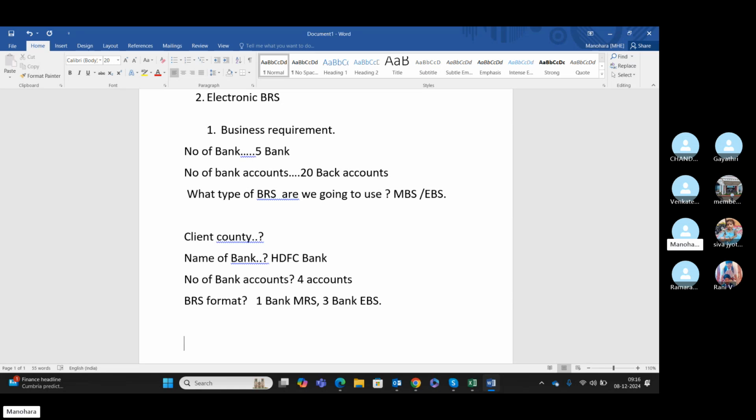That is the reason I use it. One bank has fewer transactions, so I will use manual BRS for it. For the other 3 banks there are thousands of transactions, so I cannot do manual BRS. That is the reason I will use EBRS, electronic BRS. Is it also possible, right?